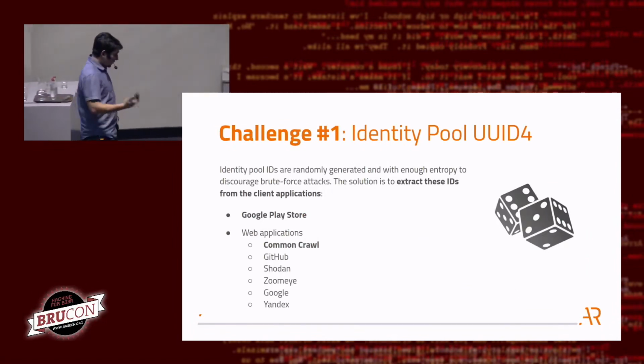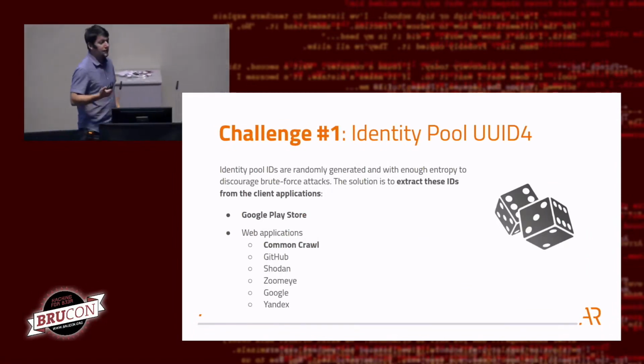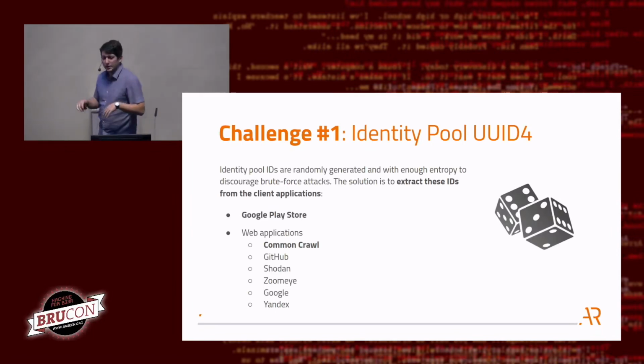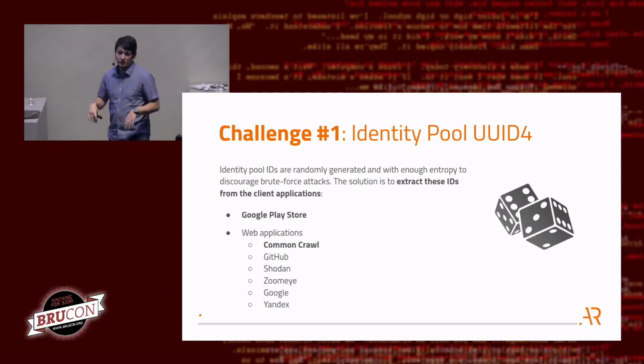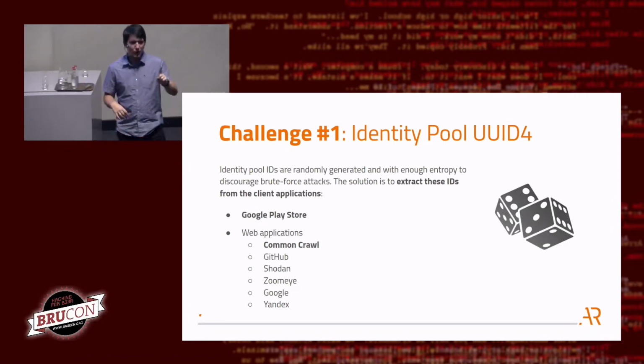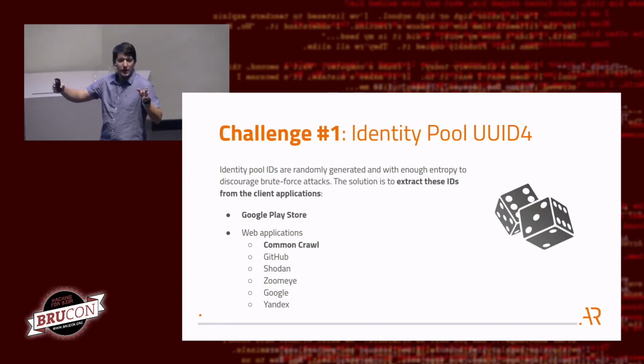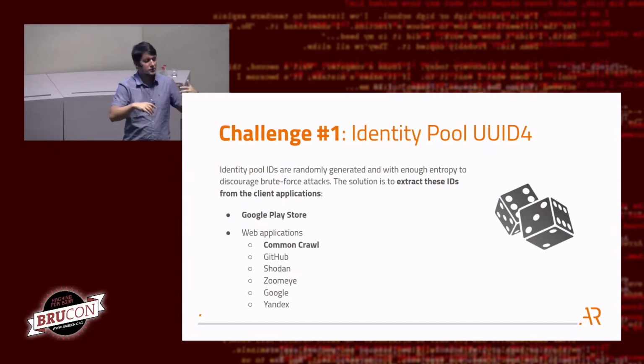And the first challenge was that identity pool IDs are random. I'm not going to be able to just do a for loop and go from the identity pool with ID 1 to the identity pool with ID 10,000, and for each of those get the credentials.